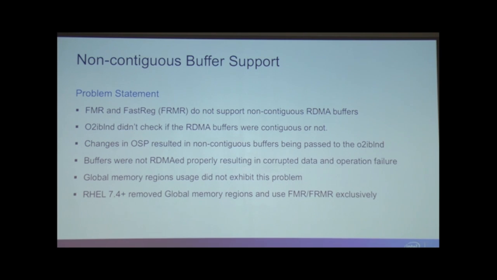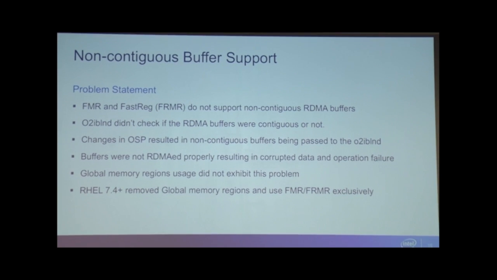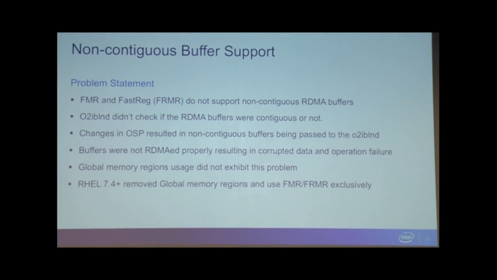But once we switched to 7.4, global memory regions were taken out because of some security concerns, and only FMR and FRMR remained. FMR is for Mellanox 4, and FRMR is only for Mellanox 5. When those were used, we describe all the buffers as just one big fragment and transfer it over.